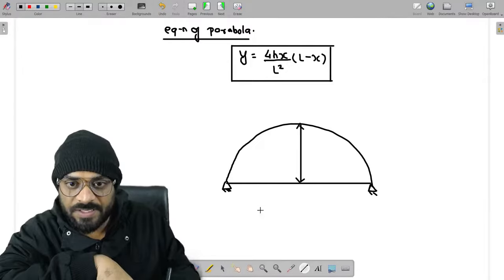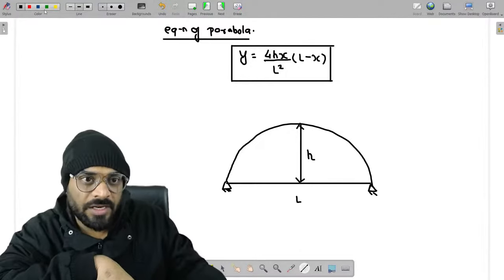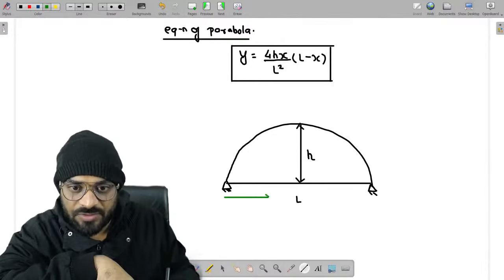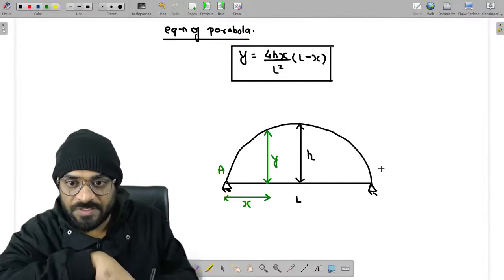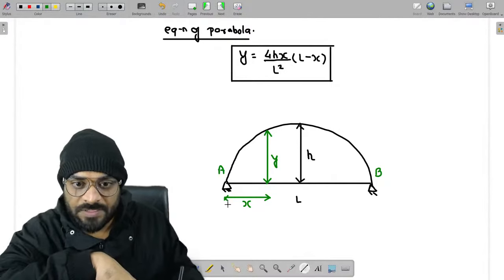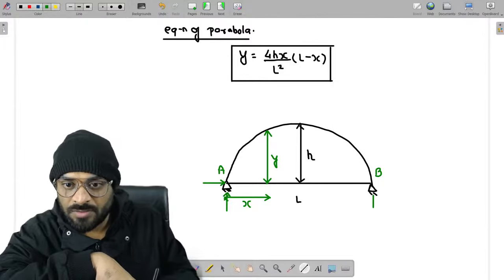Let us consider this is central rise, which is h, span is L. And let's mark a distance of x over here. This is x and this one is y. Let us suppose this is A, this is B. This one is VA and this one is HA. This one is VB, this one is HB.